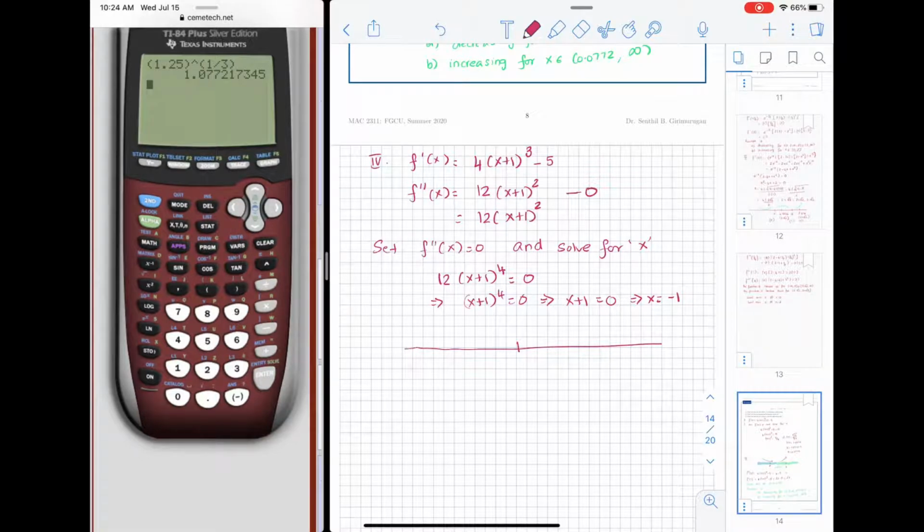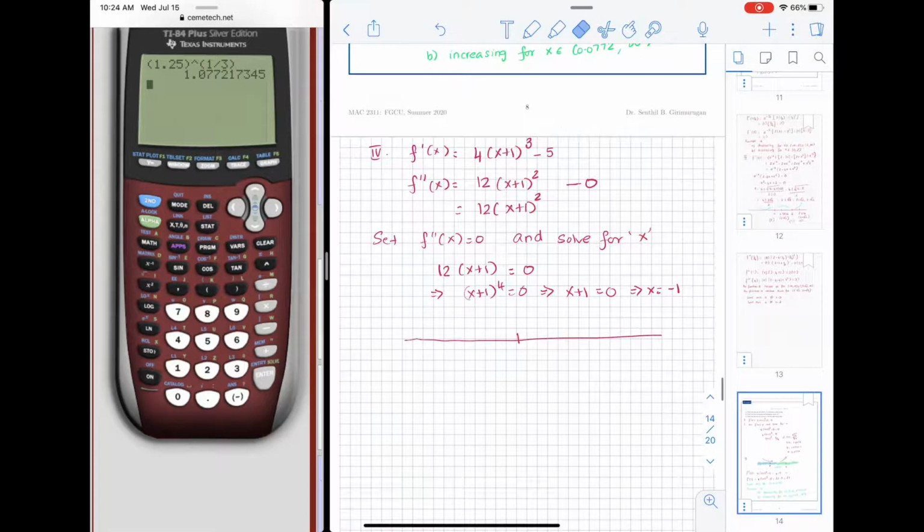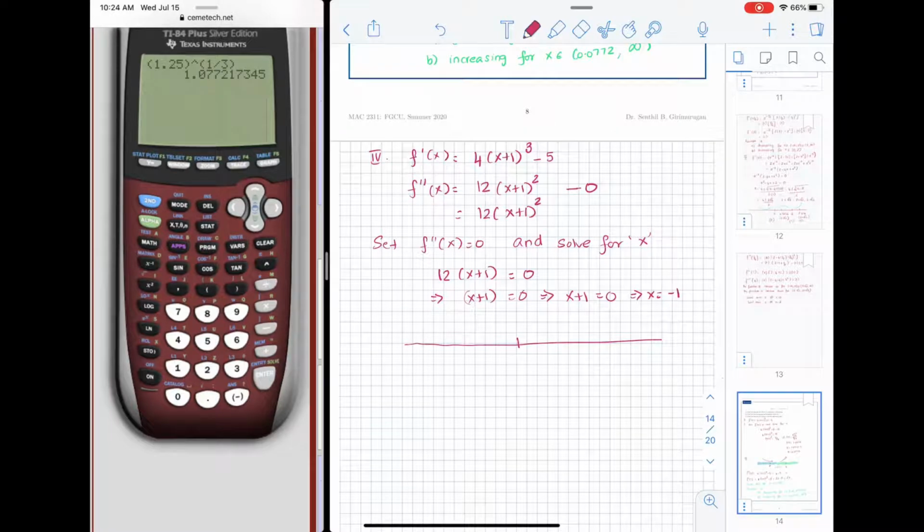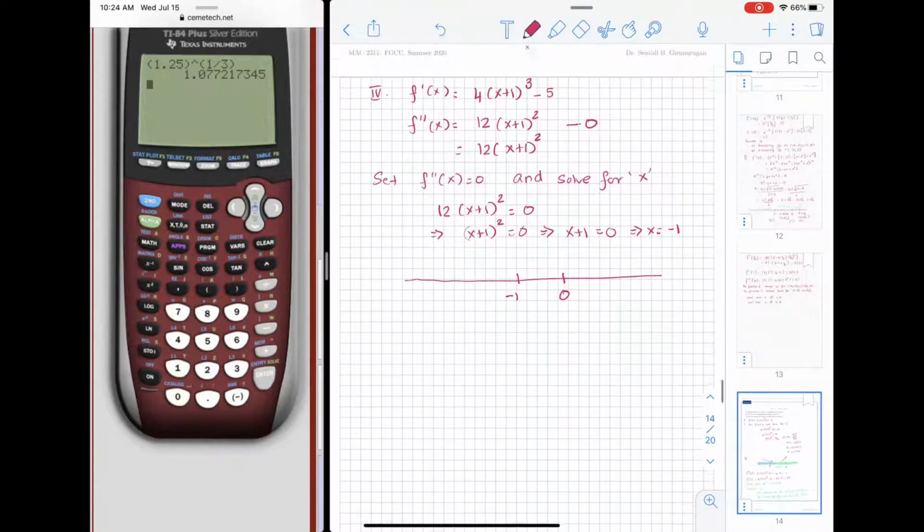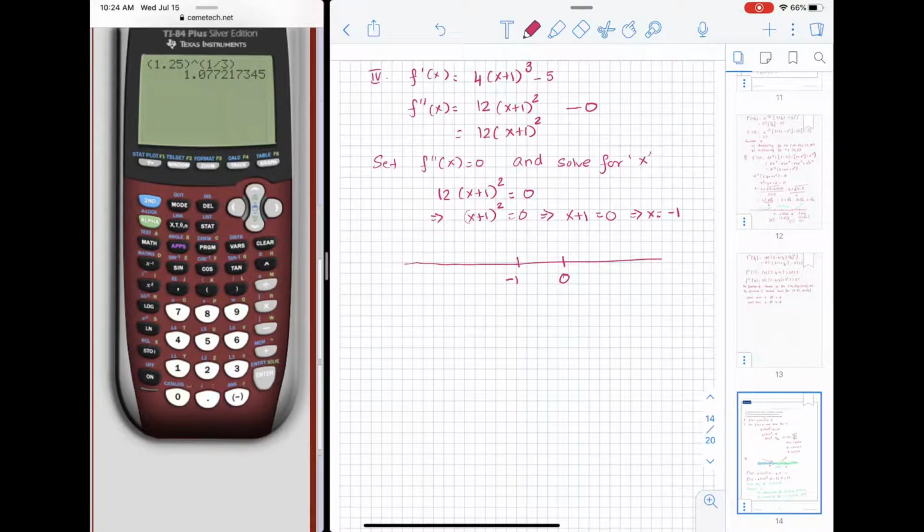Bad math there. That must be square. So, negative 1 and 0 and 1. 0 would be my test point. And on this side, I'm going to pick negative 2 as my test point.